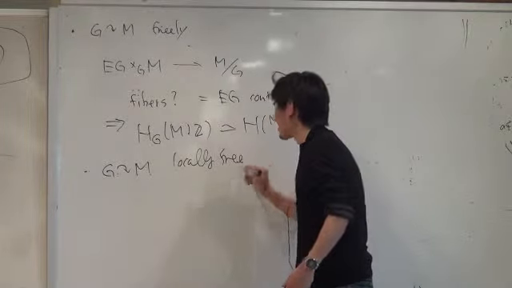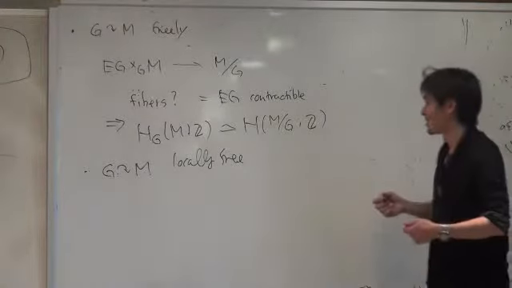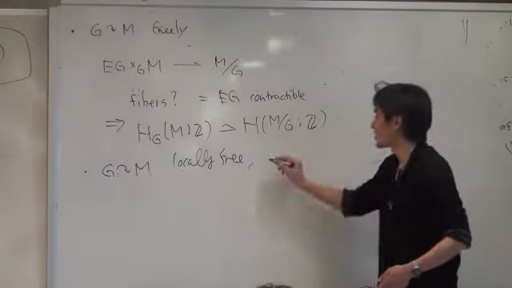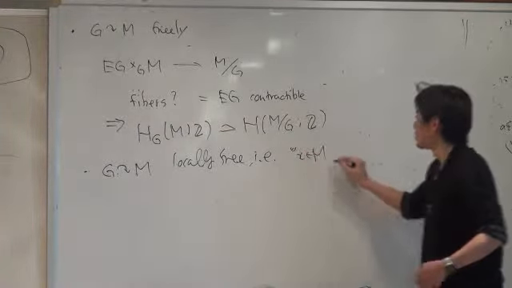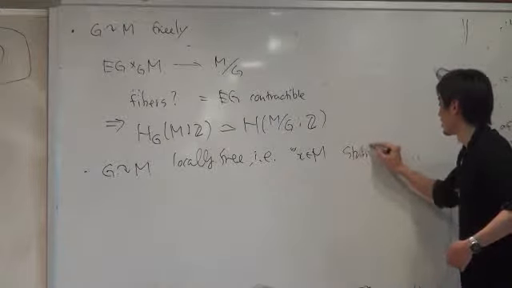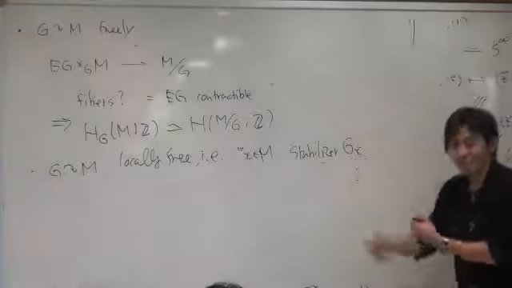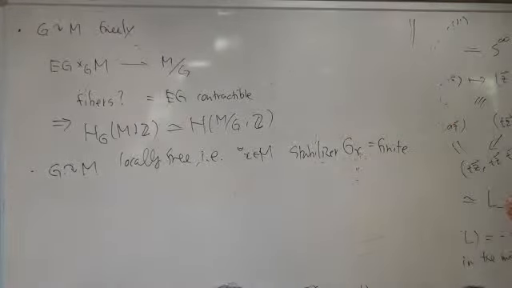I think some people call this almost free or whatever, and I know that quasi-free is completely different, but locally free means that at any point, the stabilizer, all the group elements which stabilize x, is finite. So that's the meaning of locally free action.